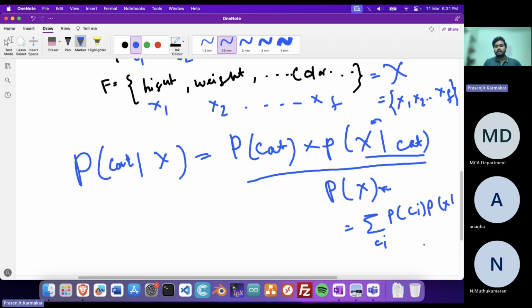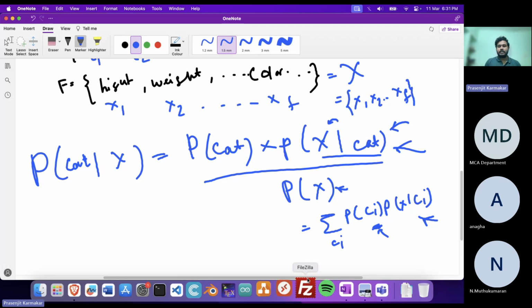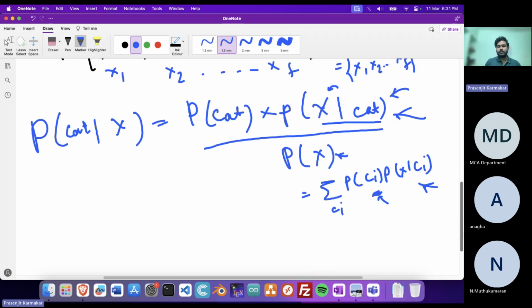If I can compute this part, then I can compute this for all classes, and this is the easiest part. I can always compute the probability of each class from the dataset. So this probability of X is not an issue. The problem is I have to compute this, so let's just take it out from the equation first.